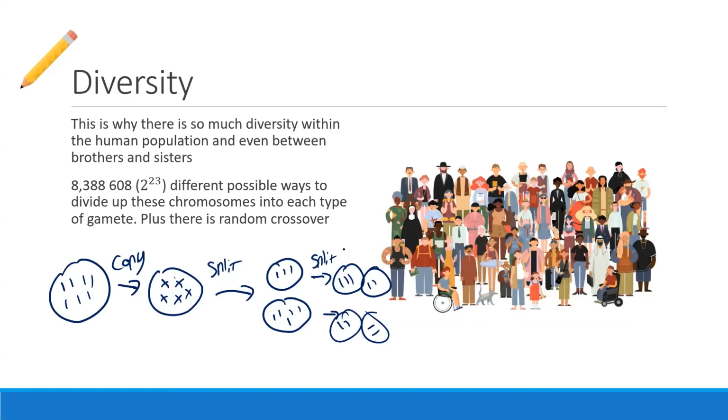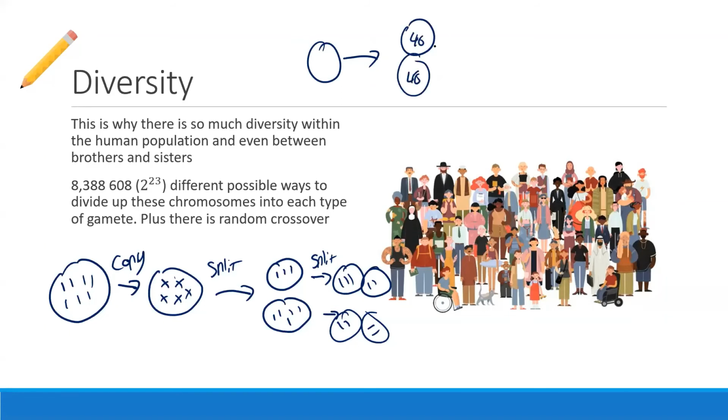But I just wanted to quickly say this. Imagine that first we've got 1 cell, which splits into 2 cells, each with 46 chromosomes.